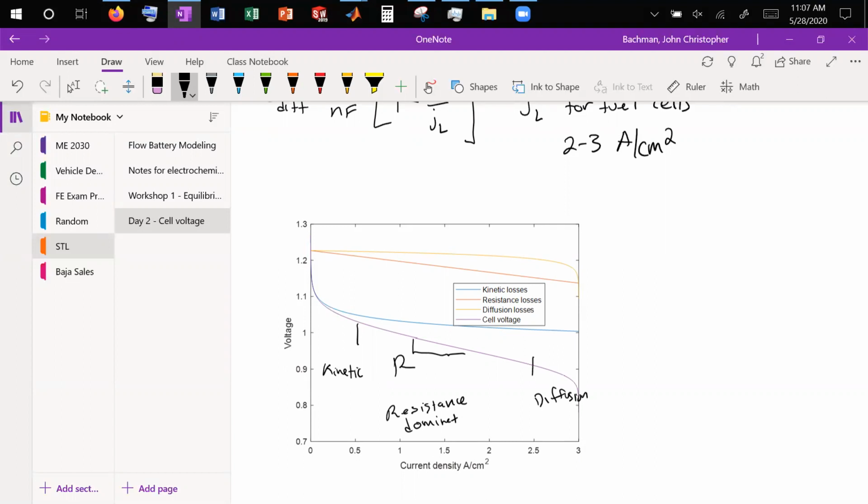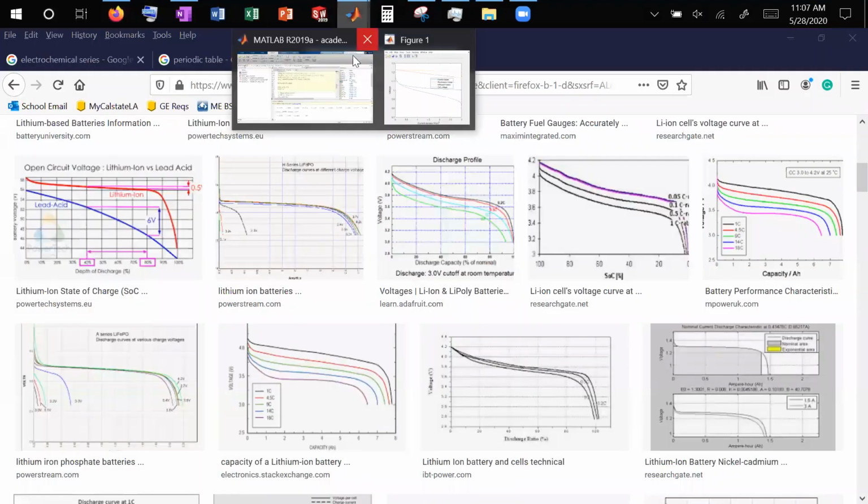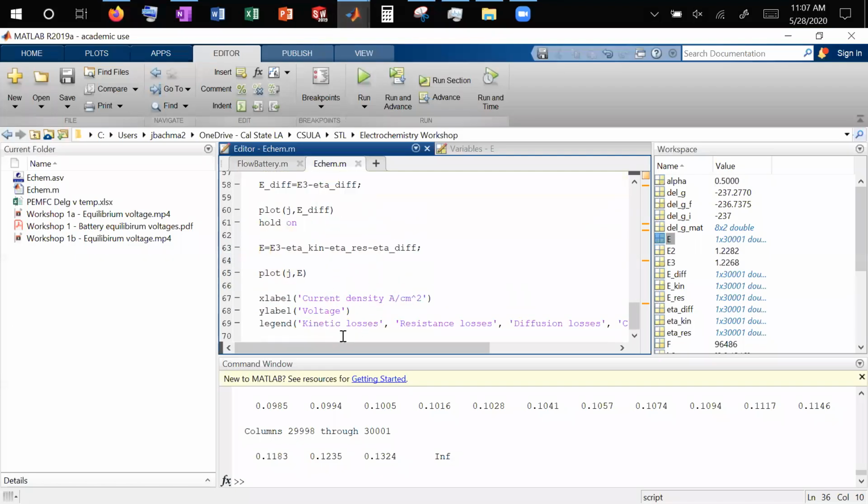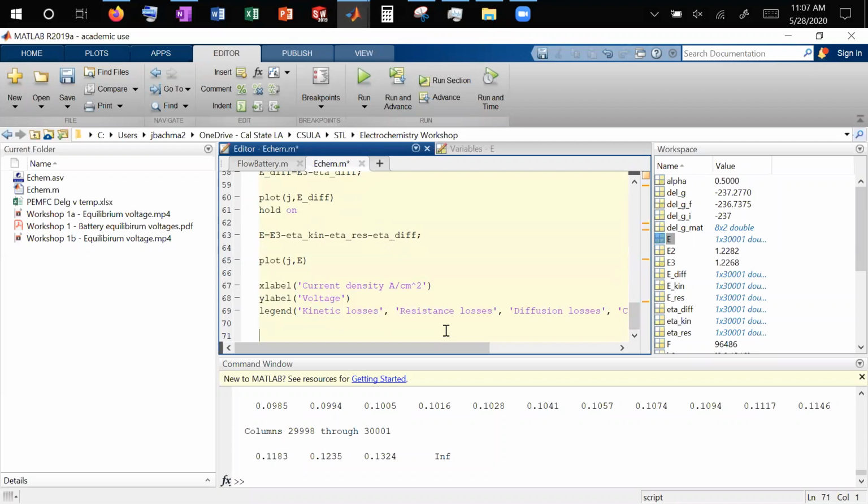If you wanted to, we could also plot the power of the system. So we'll just do a new figure.